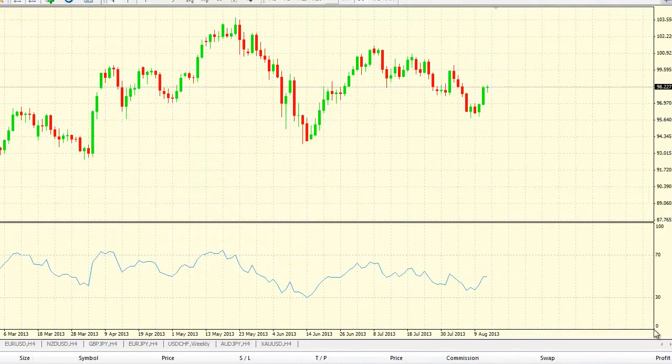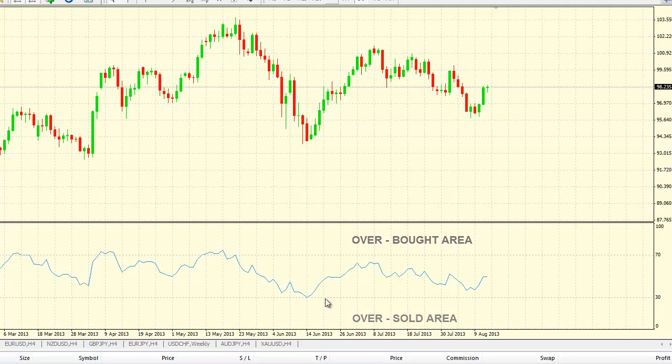As you can see, 0 is the fixed minimum and 100 is the fixed maximum. Between 0 and 100, we have 30 and 70 as the fixed levels. The blue line is the value of the RSI as computed. Above 70 is considered as the overbought area, and below 30 is considered as the oversold area.